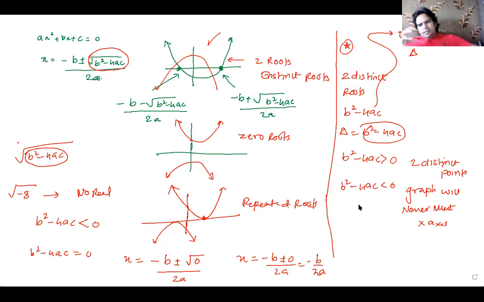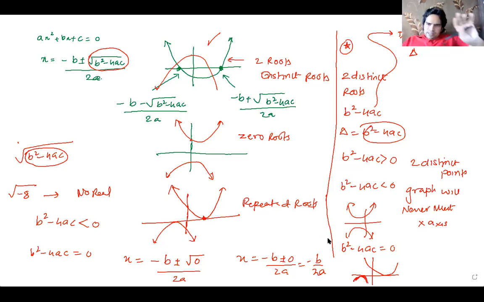So in that case, your graph will be entirely above or entirely below the x-axis. And the last case is, if your b squared minus 4ac is equal to 0, then the graph will touch the x-axis and go back like this.